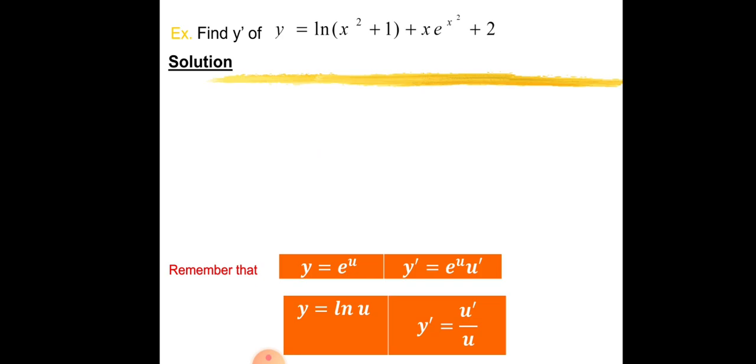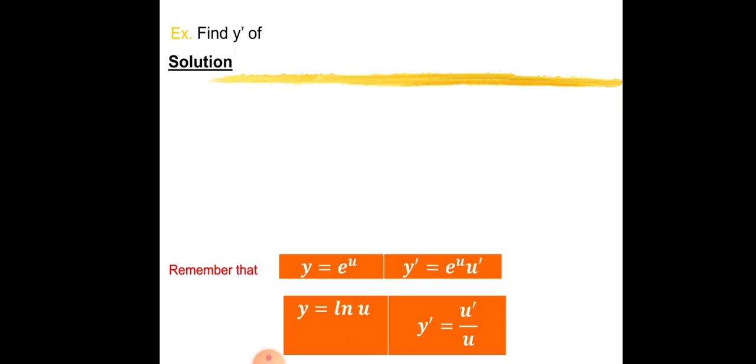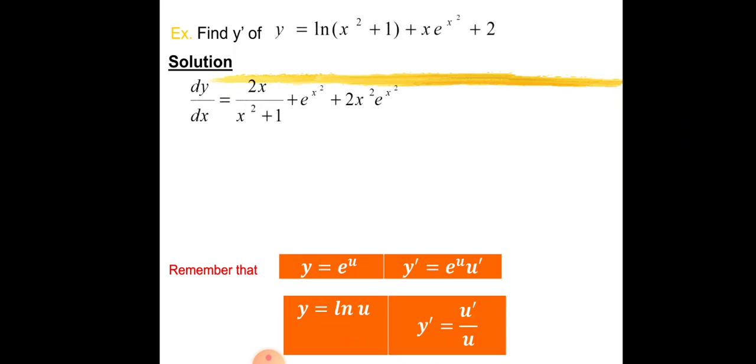Another example, if y equals ln(x squared plus 1) plus x e to the power x squared plus 2. To find the derivative of this y, the derivative of ln(x squared plus 1), according to the last rule in the box, if y equals ln u, its derivative is u prime over u.